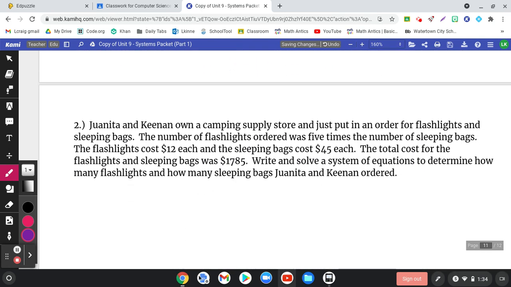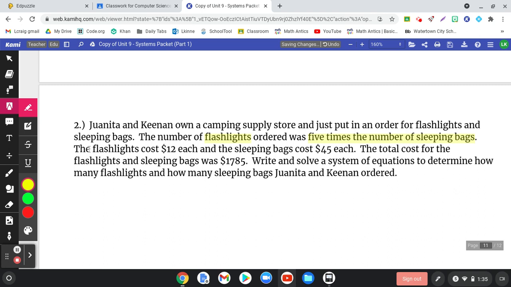Juanita and Keenan own a camping supply store and just put in an order for flashlights and sleeping bags. I think those will be our 2 variables. I'm going to highlight them now while we're at it. So flashlights and sleeping bags. The number of flashlights was 5 times the number of sleeping bags. Okay?